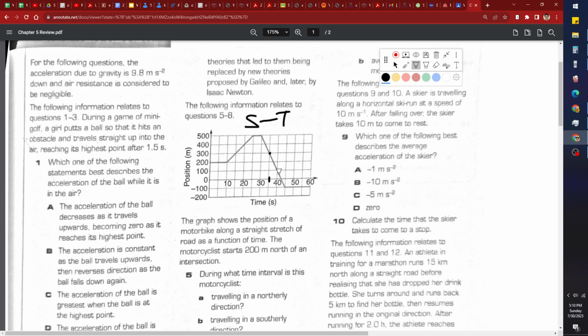So the instantaneous velocity is that slope as well. But this time the slope goes down. So we're going to get negative values, a negative velocity, because it's heading in the negative direction. Okay? Downwards is negative velocity. So slope is velocity, and the direction the slope goes tells you if it's positive, like this one, or negative.